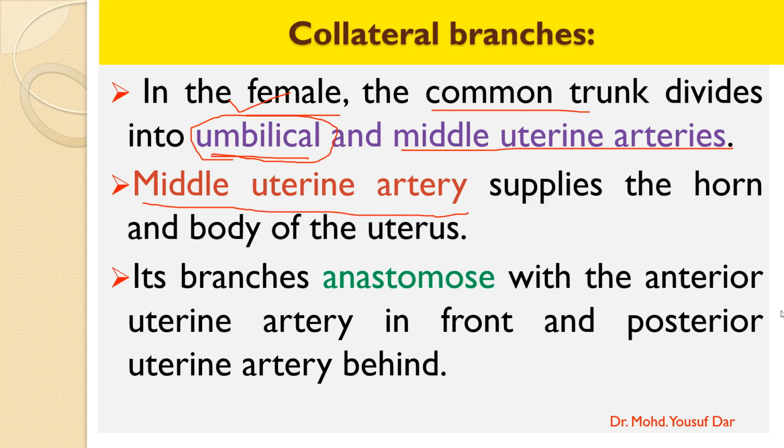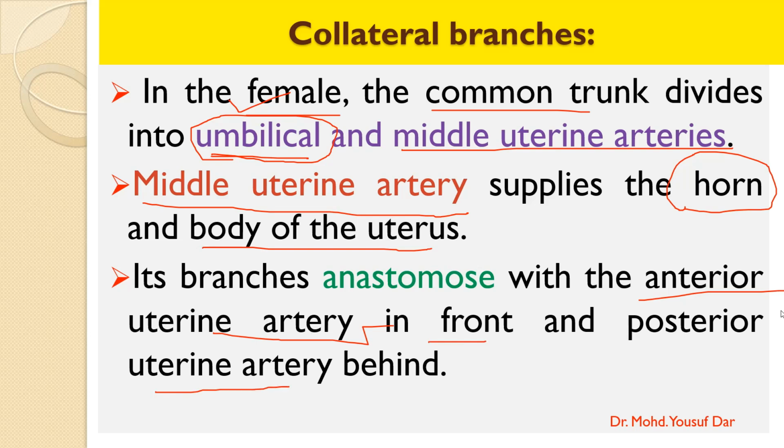Whereas the middle uterine artery supplies the horn and the body of the uterus. This artery anastomoses with the anterior uterine artery, which arises from the abdominal aorta in front, and the posterior uterine artery behind, which arises from the internal pubic artery.